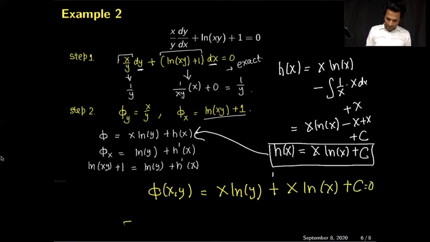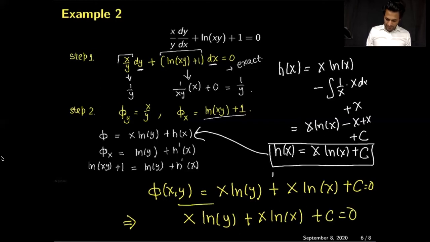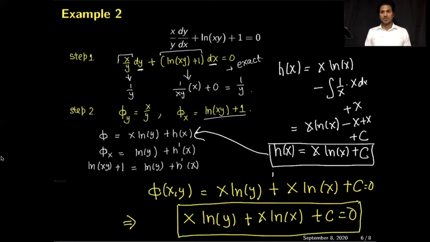Or this is our solution: x natural log of y plus x natural log of x plus c is equal to 0. So this is the general solution of this given partial differential equation.